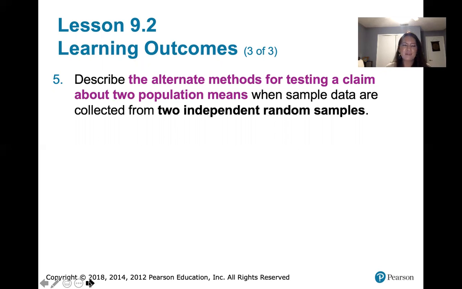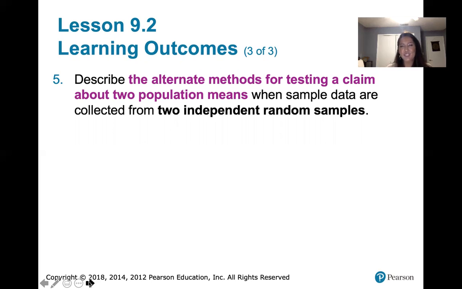And lastly, in the most unlikely case of all, it's possible that both population standard deviations are known and the methods change slightly for that case as well. So in learning outcome number 5, we discuss 3 cases and the modifications to our previously described methods that are necessary to handle these other situations which may come up in your data analysis.